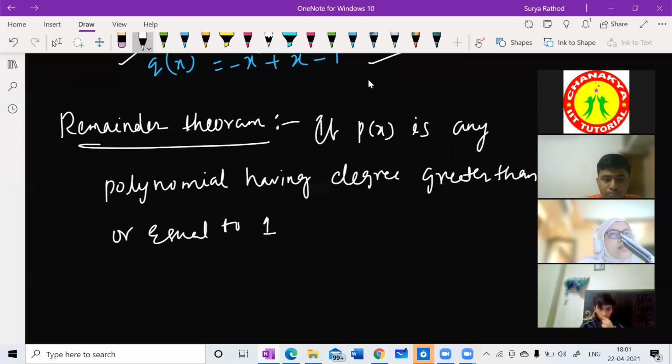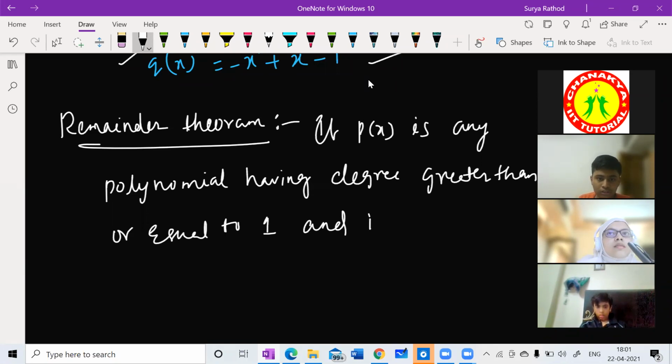The degree of P of X could be greater than 1 or equal to 1.